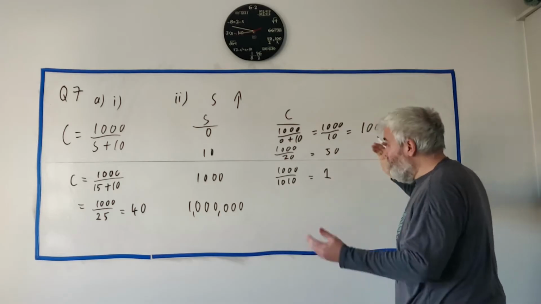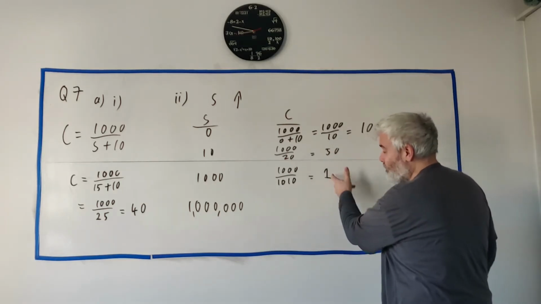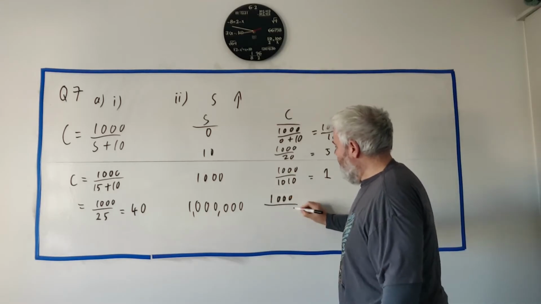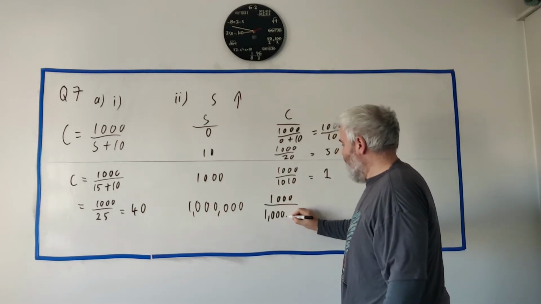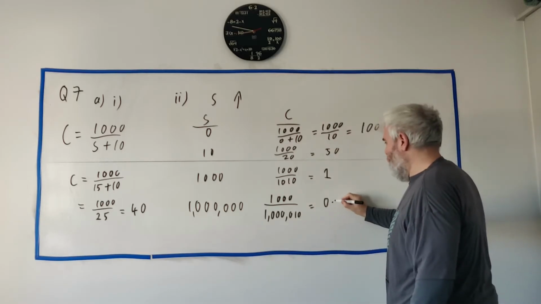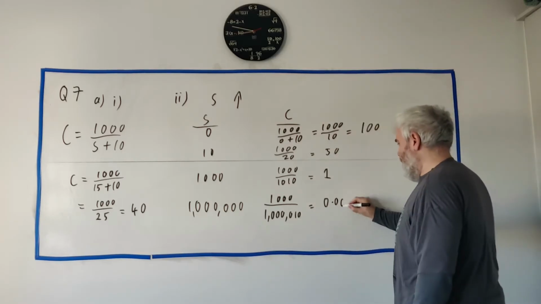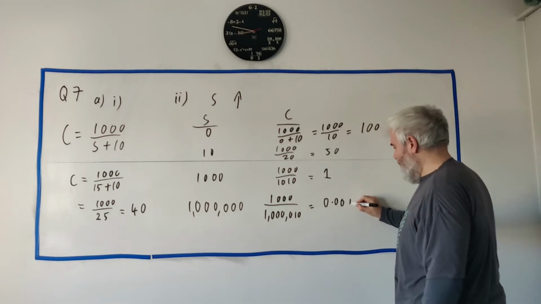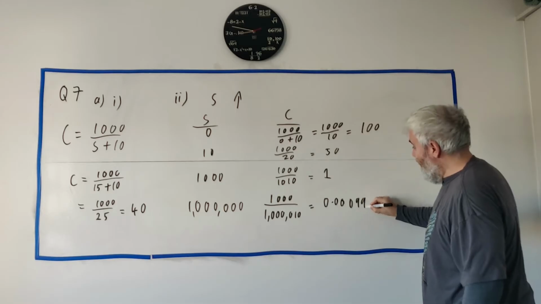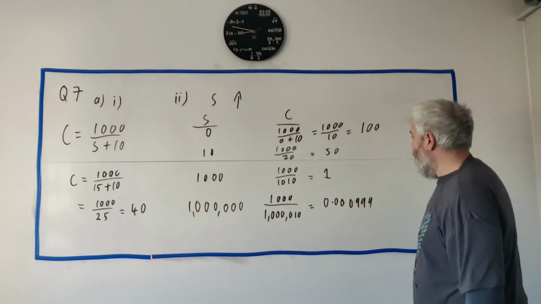Round it off, it's 1, pretty much. Put in 1,000,000, we get 1,000 divided by 1,010,000. Put that into a calculator, we get 0.001, I think. I might be wrong on that. Probably 0.0099, something like that. We'll just go with 1.